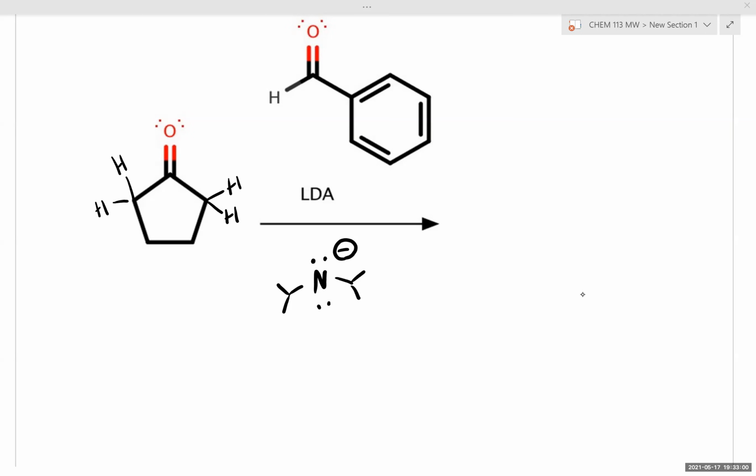So just in a big picture sense, if we take a ketone and we treat it with strong base, what's the first thing that we're going to see?